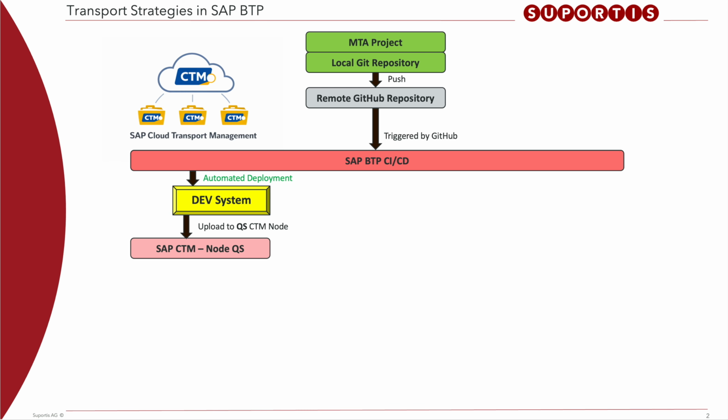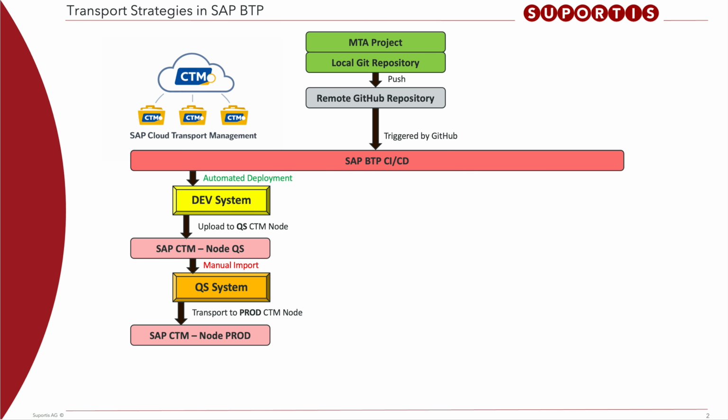If the deployment is successful, the artifact is uploaded to the CTM/QS node. From there, we must manually import the changes to the QS system. After a successful import, the transport is moved to the CTM prod node. And again, we must manually import the change to the prod system. We always have to go through the complete transport process step by step.